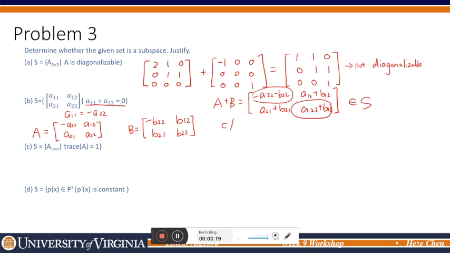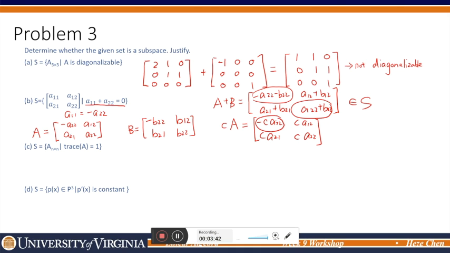Also, we can do C times A, where C is a real scalar. So it's going to be [C times negative A22, C times A12; C times A21, C times A22].